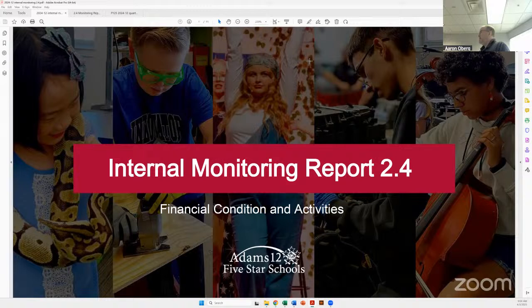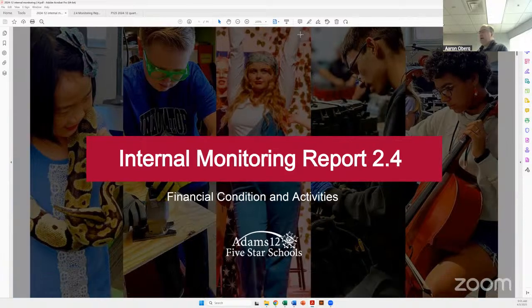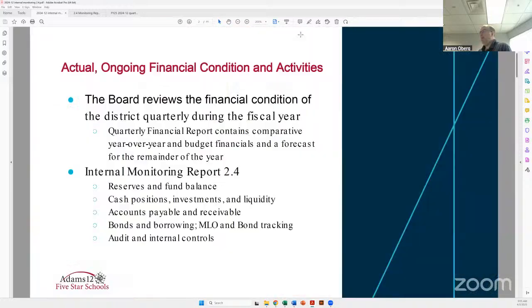And in that presentation, we've essentially narrowed down the scope over time in explaining where we are on the internal monitoring report and looking at the items of 2.4.